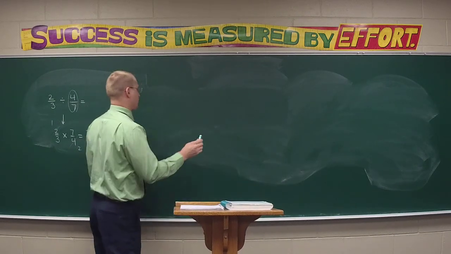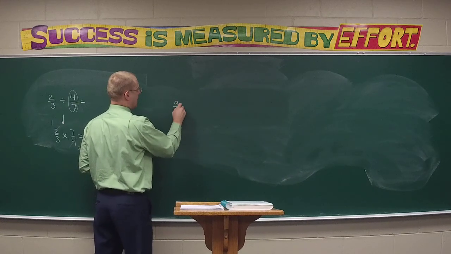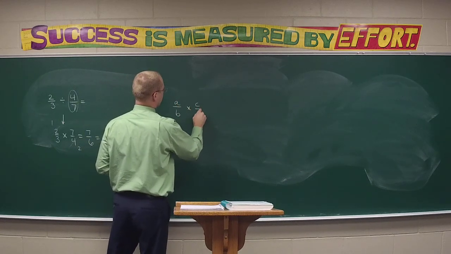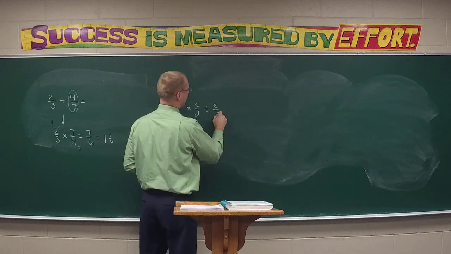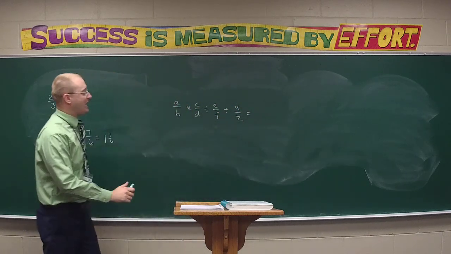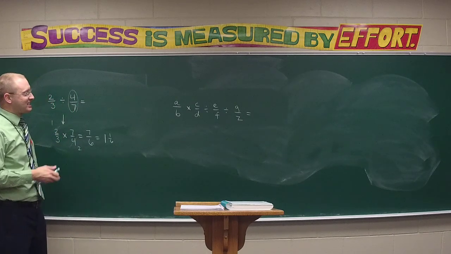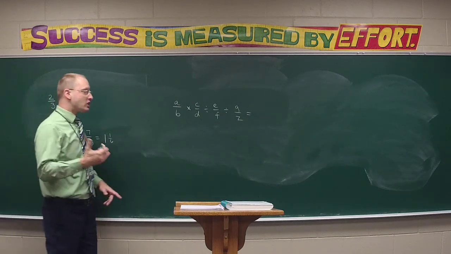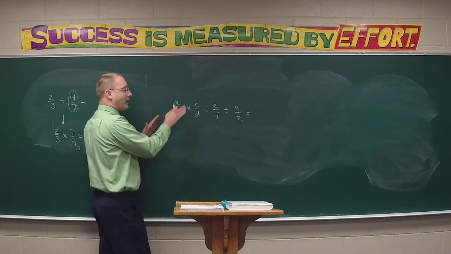Even if, let's just make up a weird problem. You had something like A over B times C over D divided by E over F divided by G over Z equals. In a problem like this, anything that comes after a division sign gets flipped. So I would rewrite this, Audrey, how?